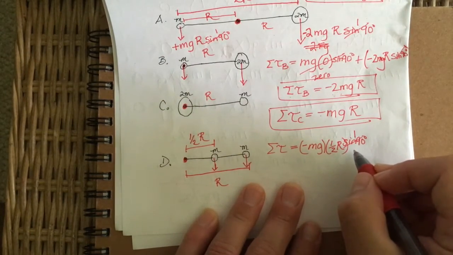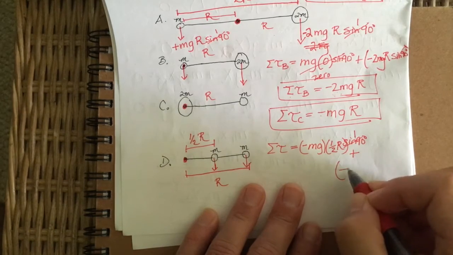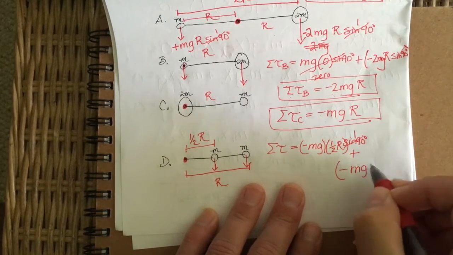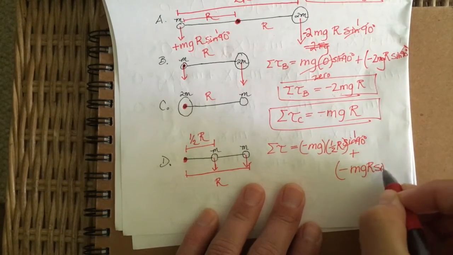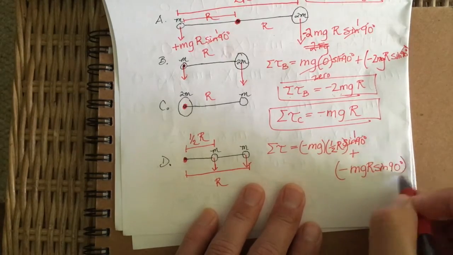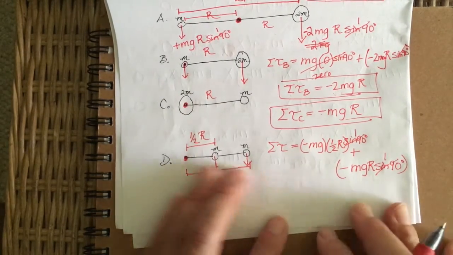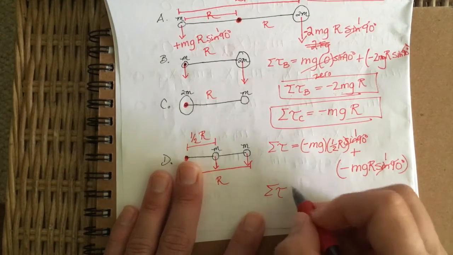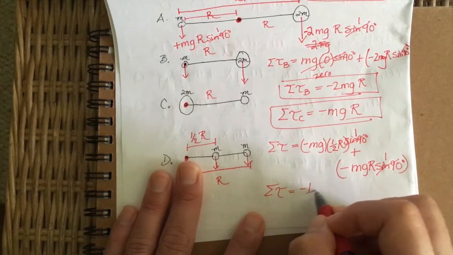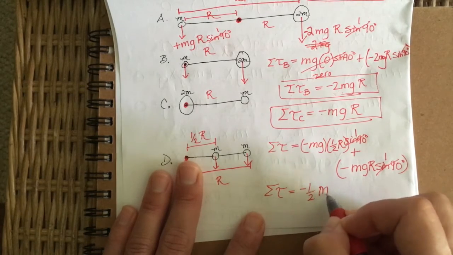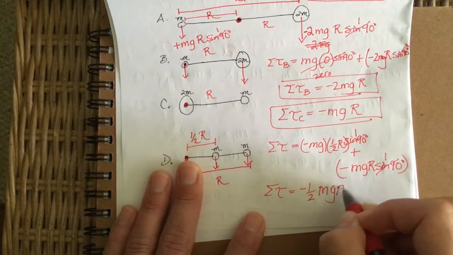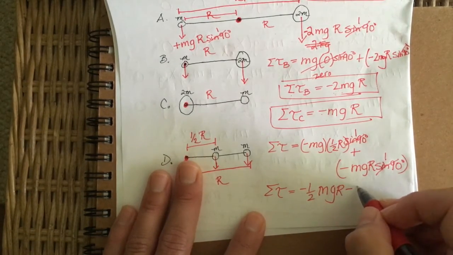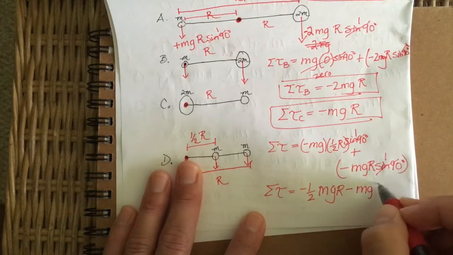And we're going to add that to a negative mgr sine 90, and that's just 1. So what I'm saying here is we have the sum of the torques equals negative 1/2 mgr minus mgr.